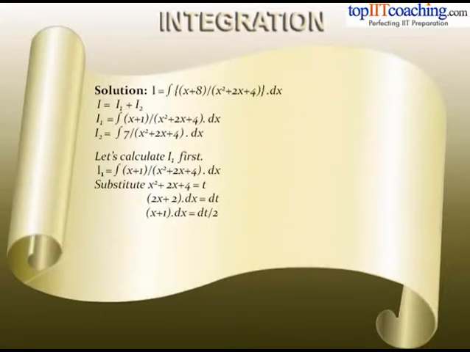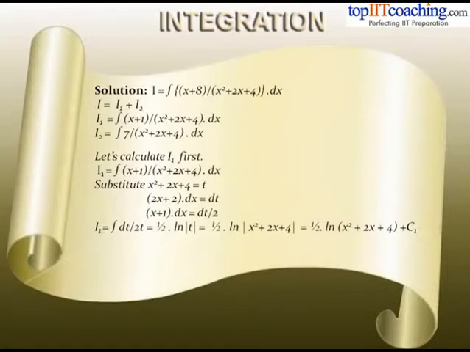Now we see that the numerator of this expression is (x plus 1) dx, so it can be easily replaced by dt by 2. And so I1 would be equal to the integral of dt by 2 into 1 by t, because x square plus 2x plus 4 is equal to t.